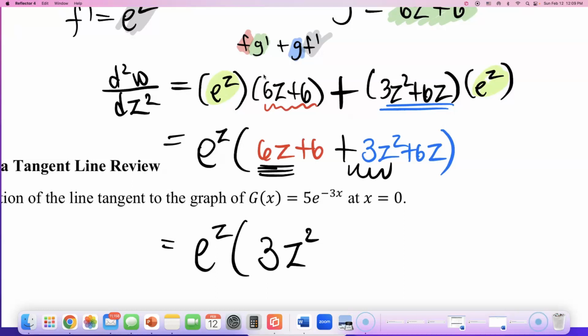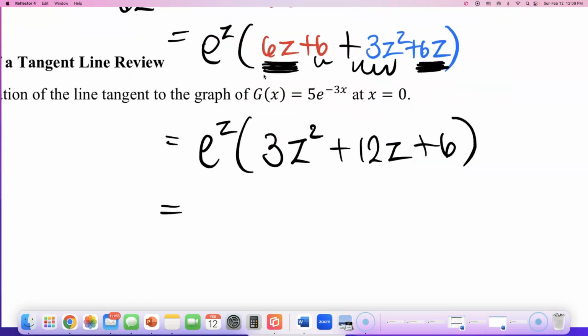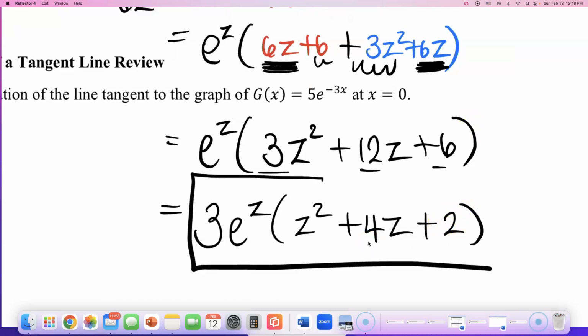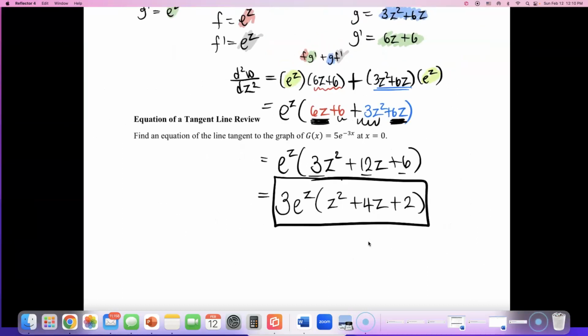But if I add this 6z and another 6z, that's going to be 12z, and plus 6. Well, I think I'll factor out the 3 now, because everything is divisible by 3. So my answer will be 3e to the z times z squared plus 4z plus 2. I don't think there is any number that multiplies to be 2 and adds up to 4. So this is where I will stop in terms of simplifying using factoring.